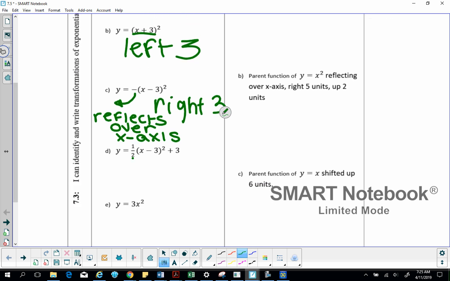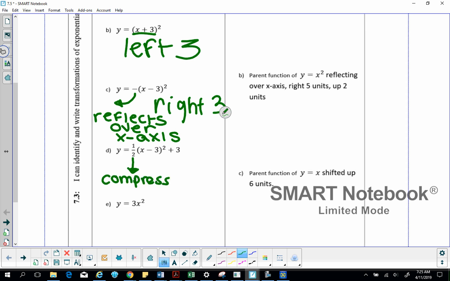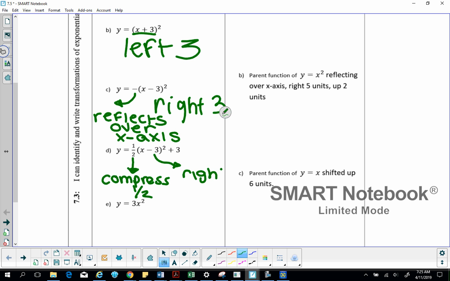So that 1/2, does anyone remember what, if there's a number in front, that A, what does that mean? Good. So it would be compression of 1/2. What does the minus 3 mean? Good. Right 3. And this?